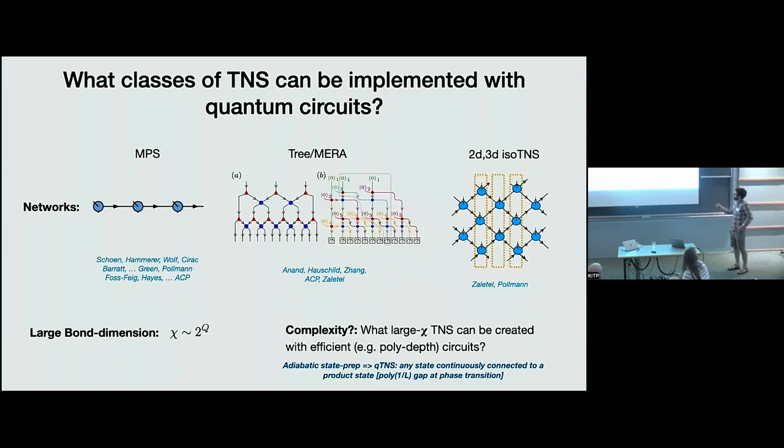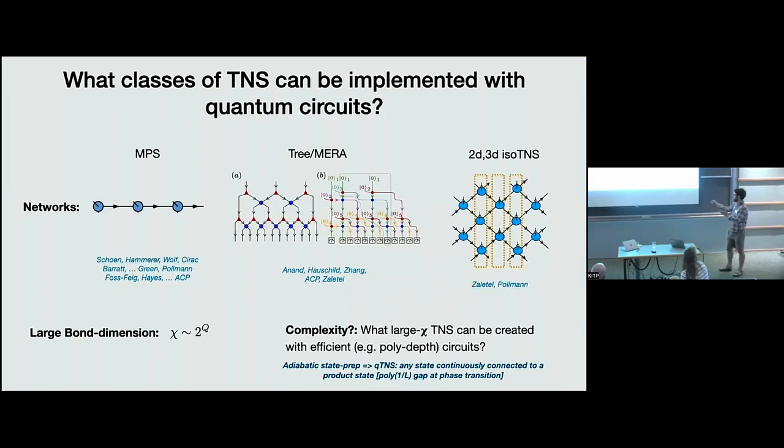So maybe a refined question is, if you restrict yourself to, for example, constant or polydepth circuits for each of these tensors, what class of states does that give you? I can say a little bit more offline if you're interested, but there are ways to do adiabatic state preparation in this method that show that for most states that you can adiabatically prepare, you can get away with no worse than poly system size depth circuits for these tensors.